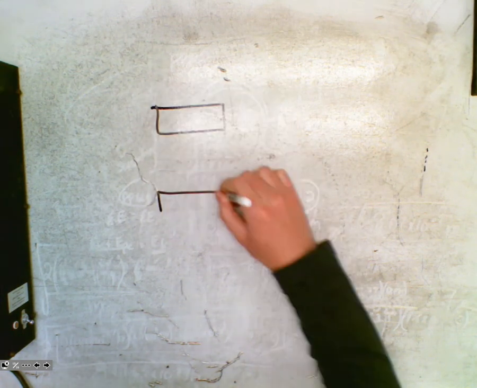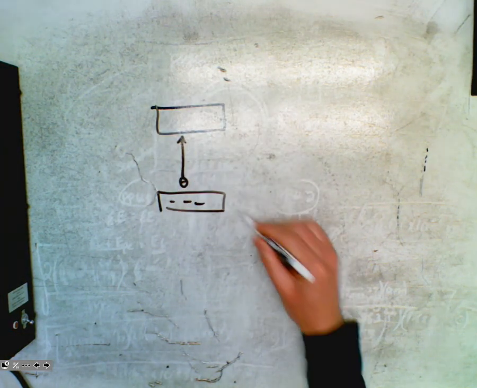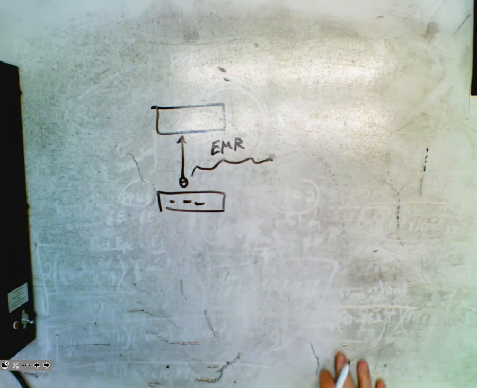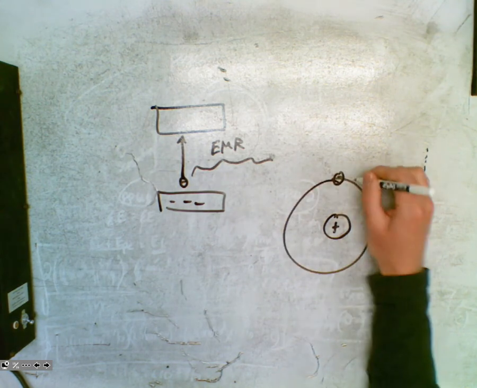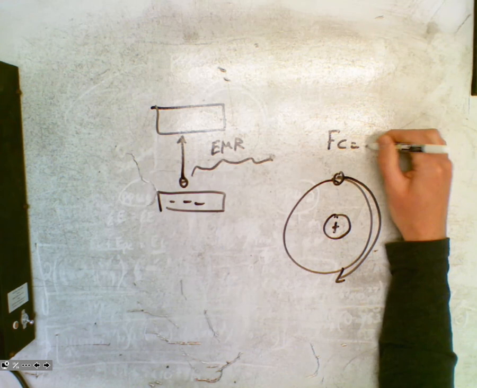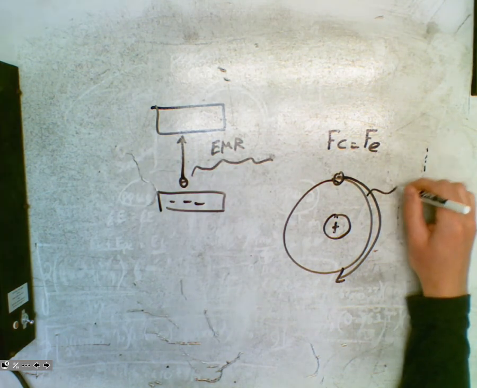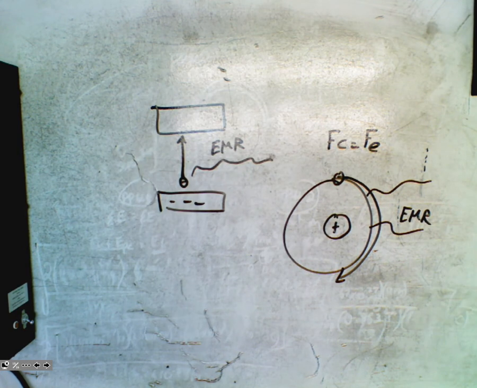There are two ways to accelerate a charged particle. If I accelerate an electron across a plate like this, I create EMR, right? So if I have this positiveness and these electrons orbiting around, they're accelerating, right? Fc is equal to Fe here. And we would get EMR emitting off of there.